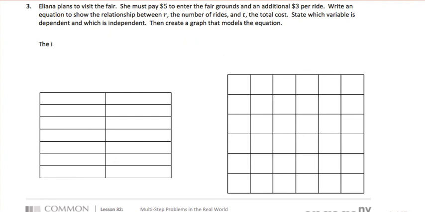So the independent variable is the number of rides. And the dependent variable is the total cost.